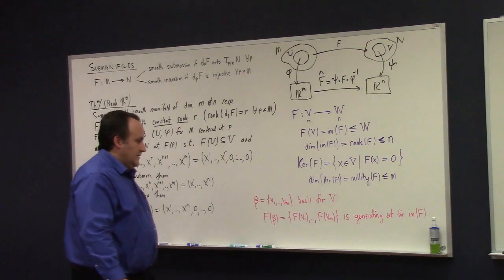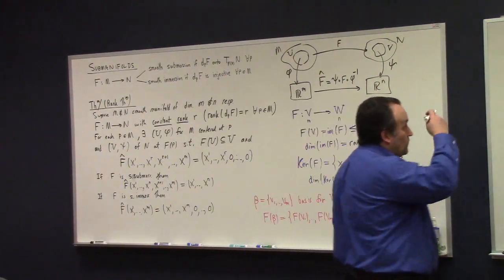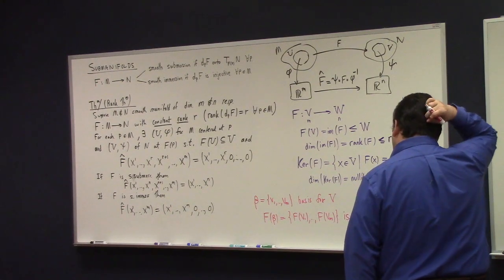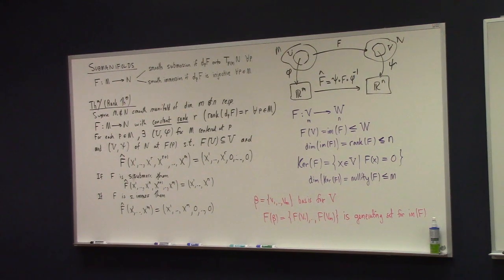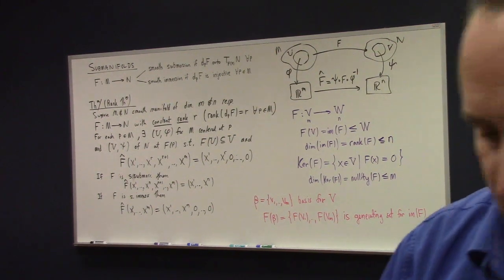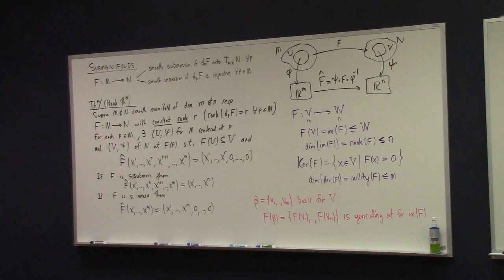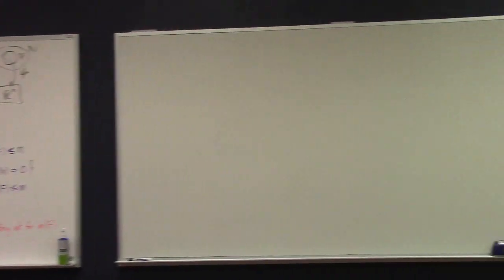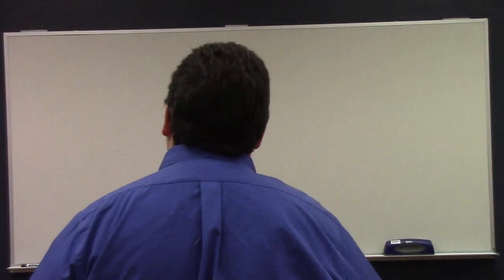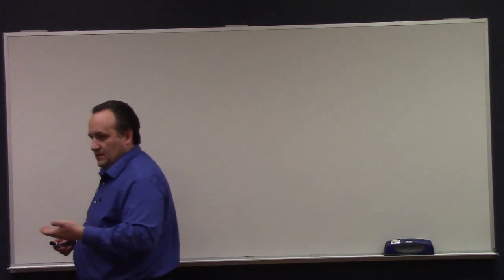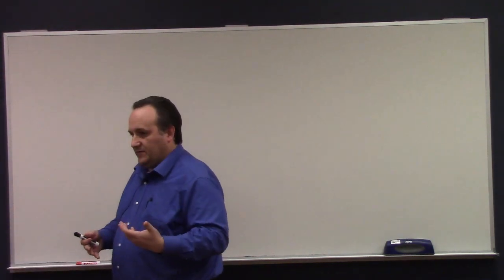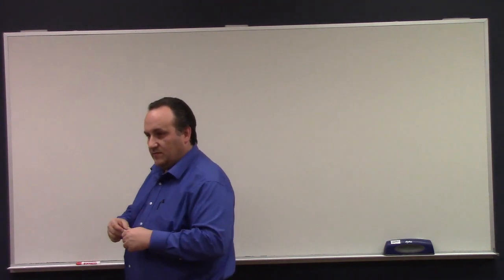Okay, so then, and I'm sorry guys, I may not be giving you the absolute slickest proof at the moment. I'm just trying to find a proof to share with you. So if that's a generating set, then I can pick a subset of those vectors which will form a basis for the image.